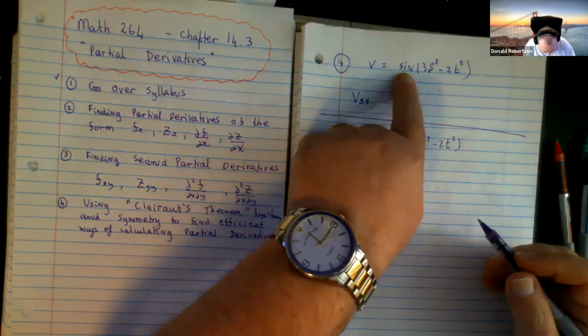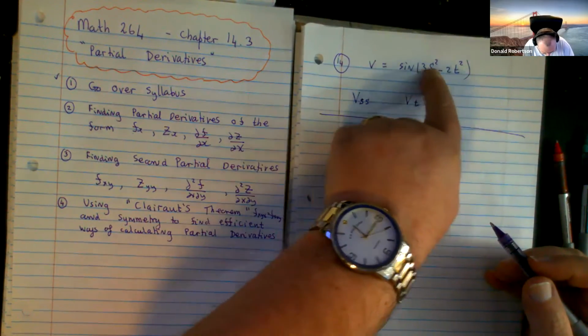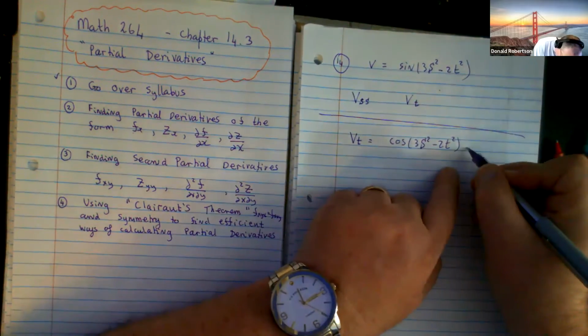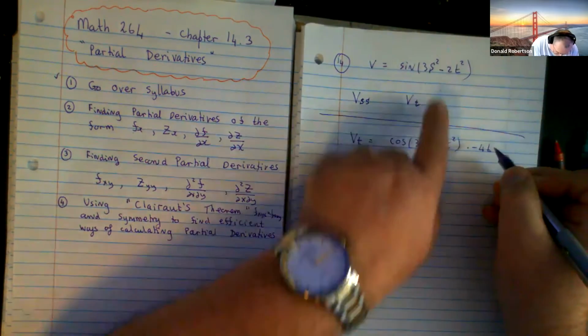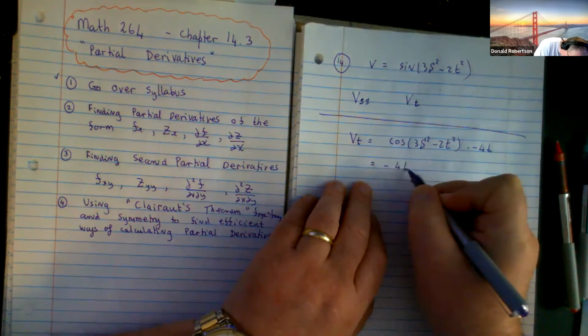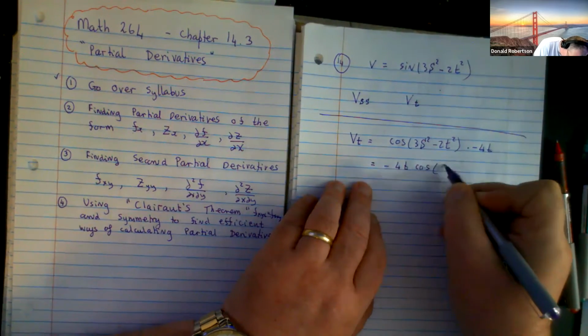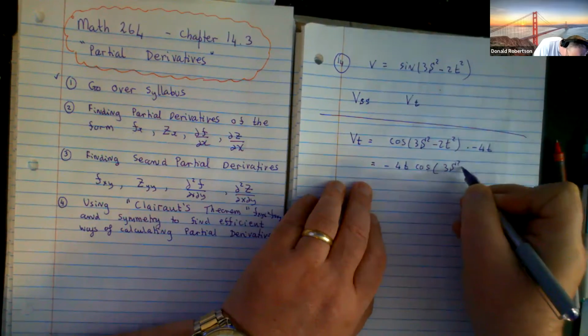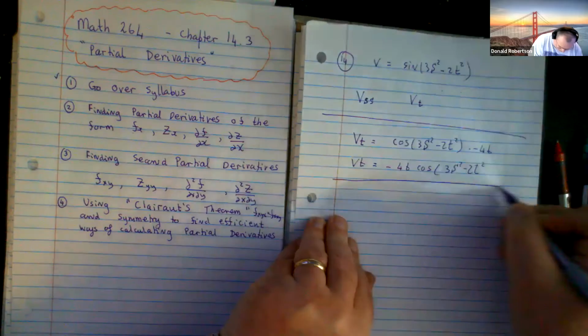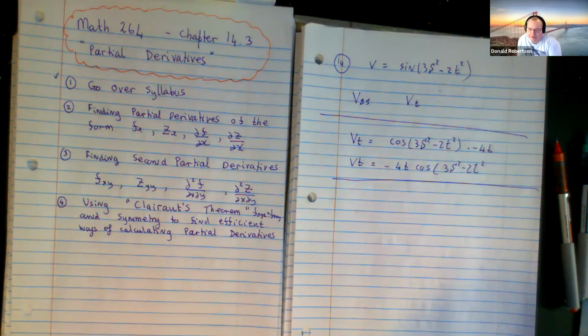So once you've done the cosine of this, you then differentiate the inside function with respect to t, which gets me negative 4t. And then you make it look slightly pretty. And there's our partial derivative with respect to t.